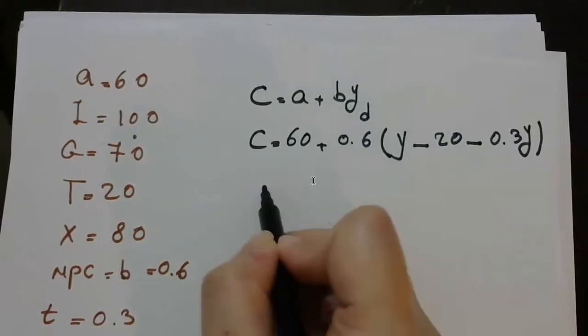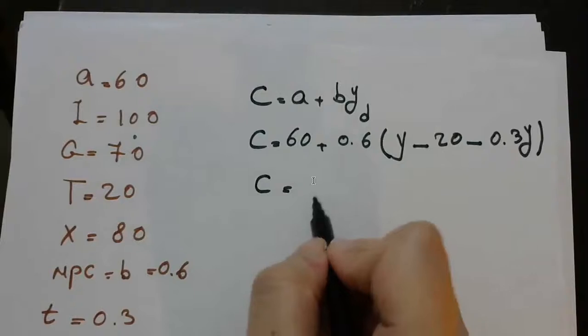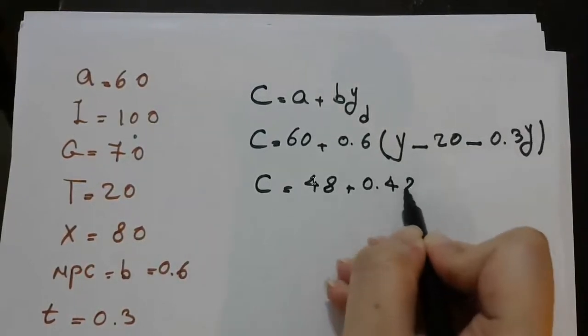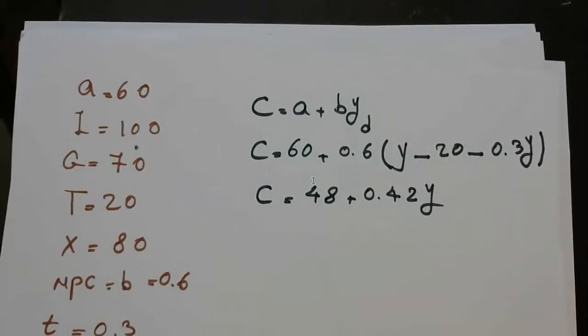Then what is the number? The final function for C is 48 plus 0.42 Y. So this is the consumption function.